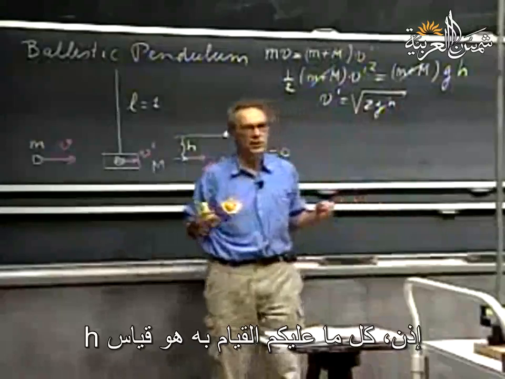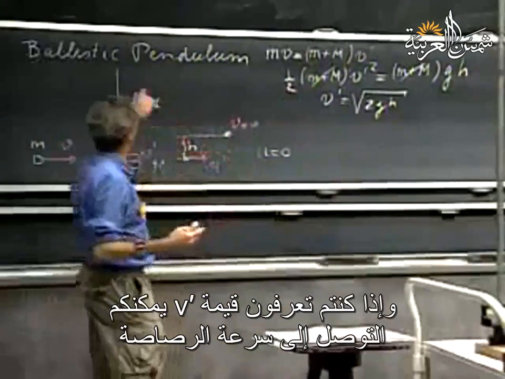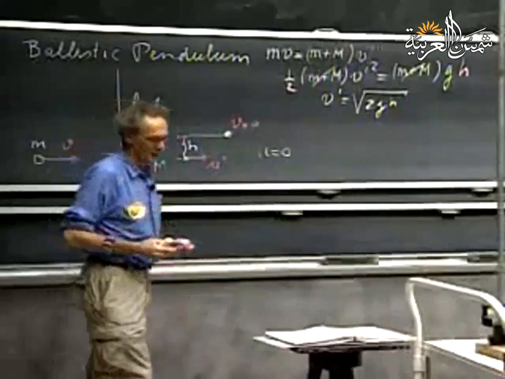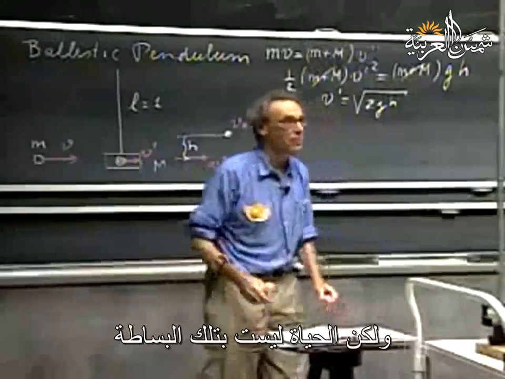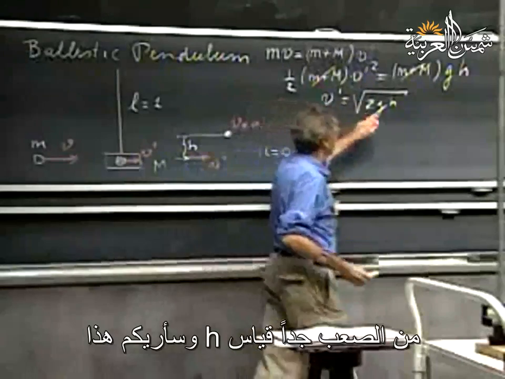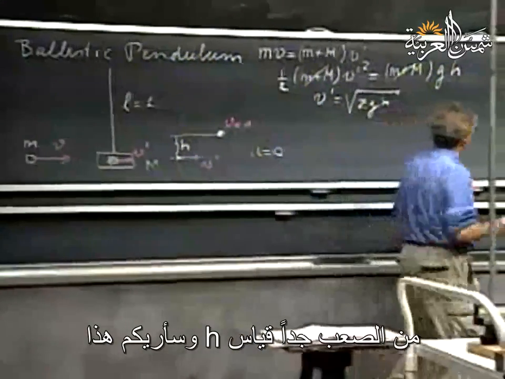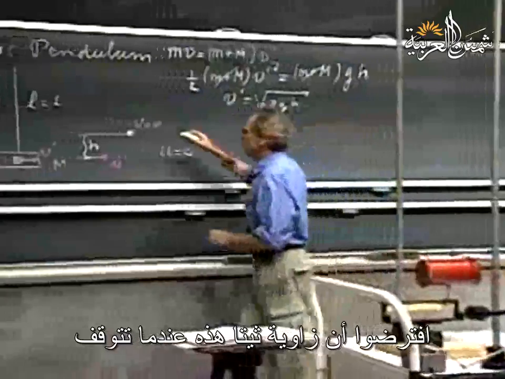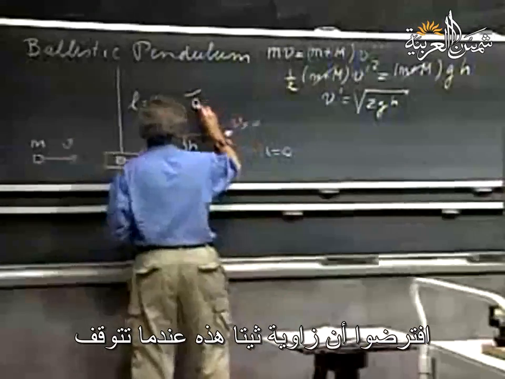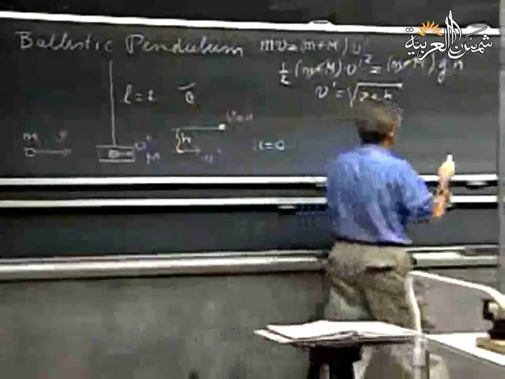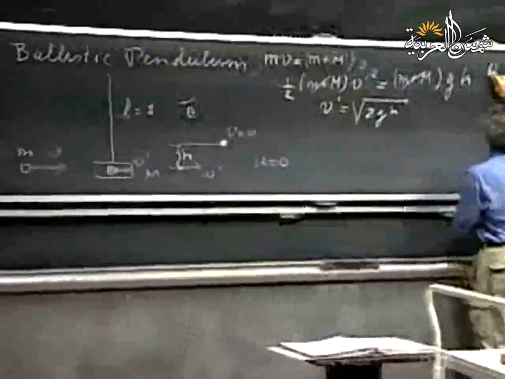And we lose our (M plus m), so v prime would be the square root of 2gh, and so all you would have to measure is h, and then you know v prime, and if you know v prime, you know the speed of the bullet. But life is not that simple. It's very difficult to measure h, and I can make you see that. Suppose this angle theta, when it comes to a halt, is only 2 degrees.